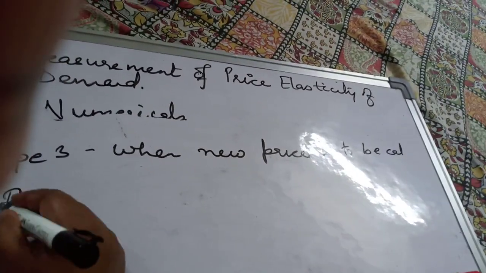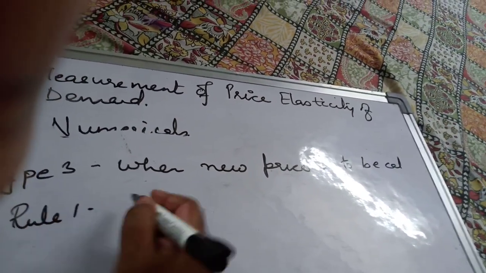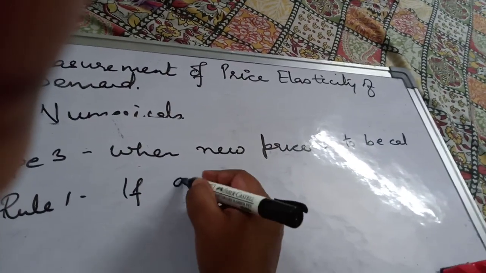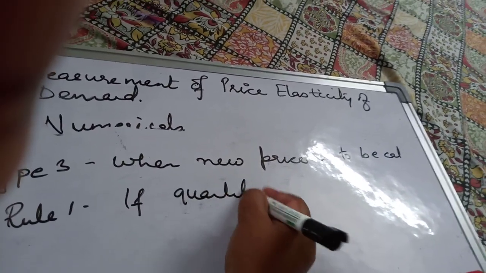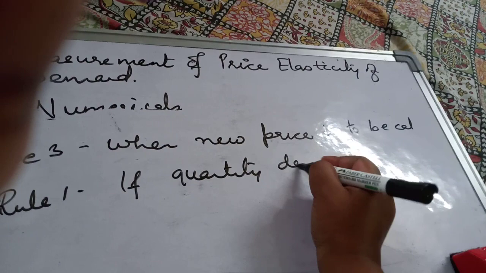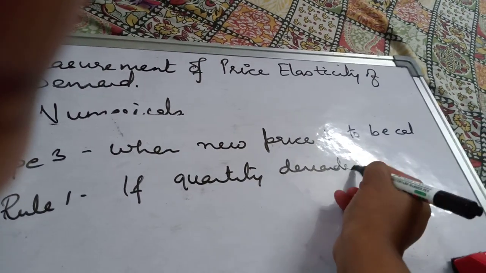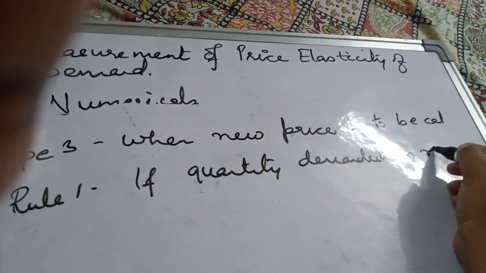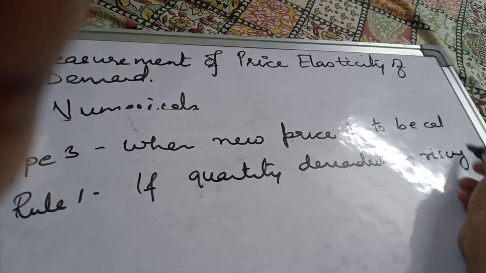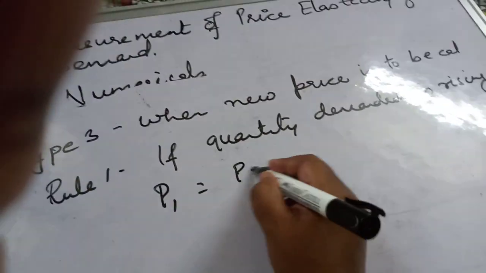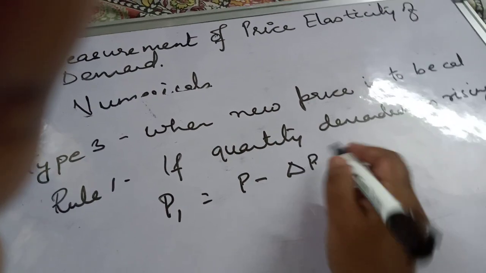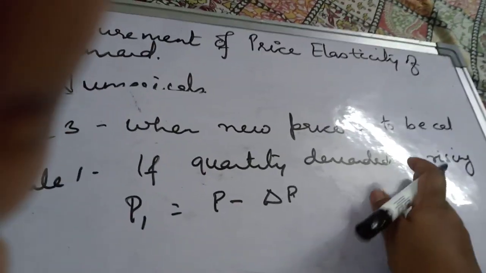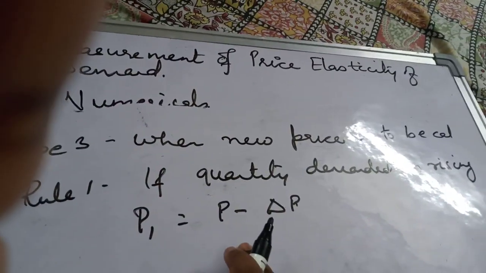Rule 1. If quantity demanded is rising, which means it's increasing, then what will be the new price? New price is P minus delta P, because there's an inverse relationship. If Q is rising, there should be a fall in the price.